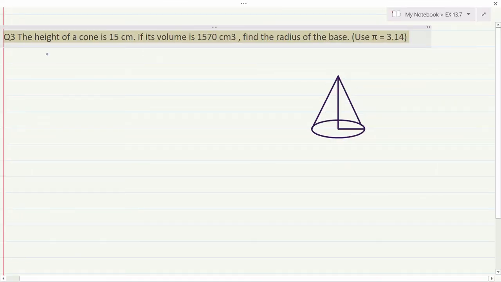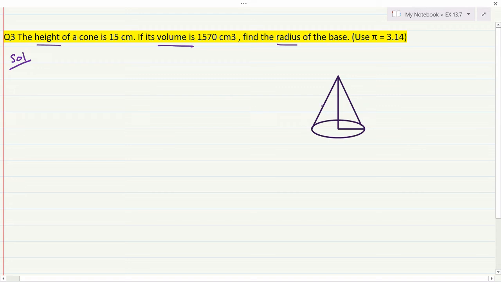Now the next question is, the height of a cone is this and the volume is this, right? In the first two questions, they have given us only R, H or L, and you have to find out the volume. Now they have given us the volume and the height, and you have to find out the radius of the base. Means R you have to find out.